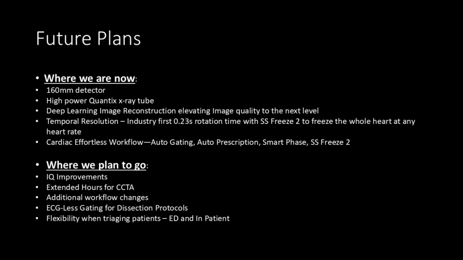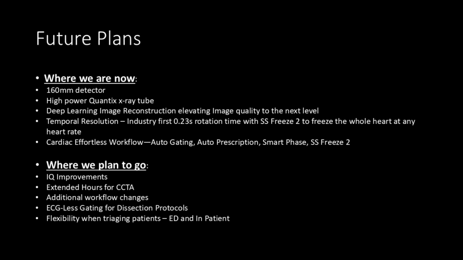Hopefully in the future, there will be AI that's smart enough to predict when the scanner should trigger. I mean, they can predict stock markets. Why can't they predict when it should trigger in a patient with arrhythmia? So I don't know if that's even possible or if anybody's working on it, but that is something I would like to see in the future.